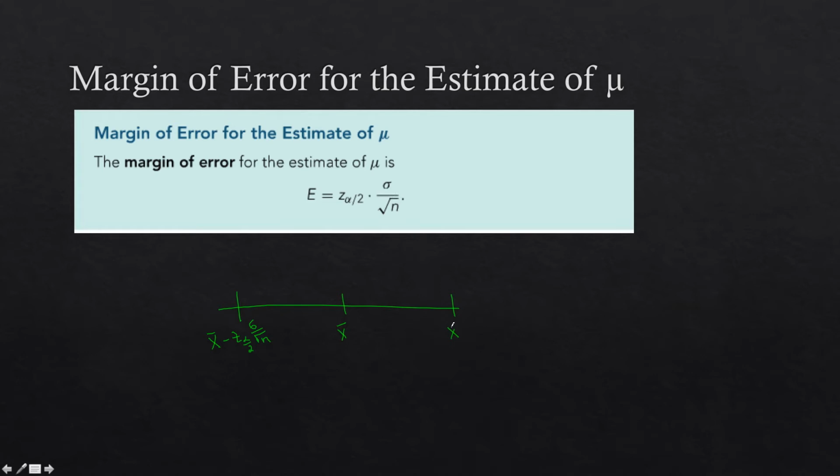This is your x bar plus your error. And so essentially what you have here is this piece in here is your error, and this piece in here is going to be your error. Okay? That is what we mean by margin of error.